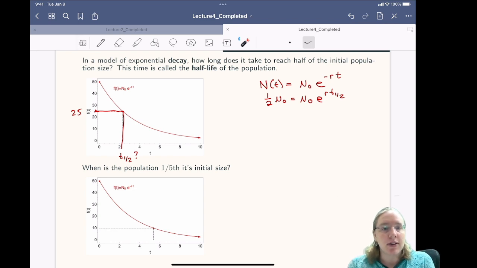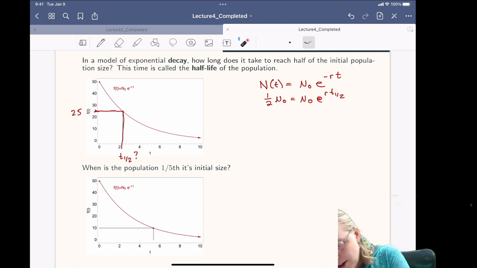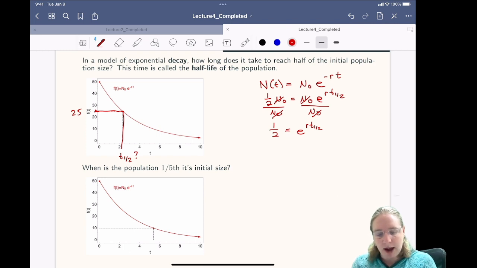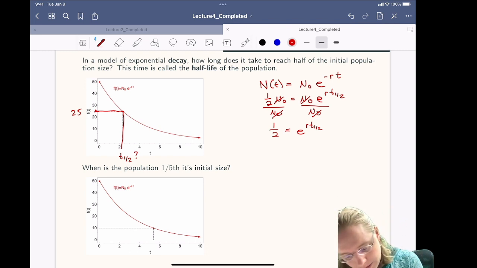You can use those exponential rules that we learned in the previous lecture, but before that we have to do a little bit of algebra. Let's divide both sides by n0. This lets us cancel, and we have 1/2 is equal to e to the minus r t, our half-life. Now, how do we get rid of that e? Well, remember that e's and logarithms are opposite of each other, so we can take the natural log of both sides.